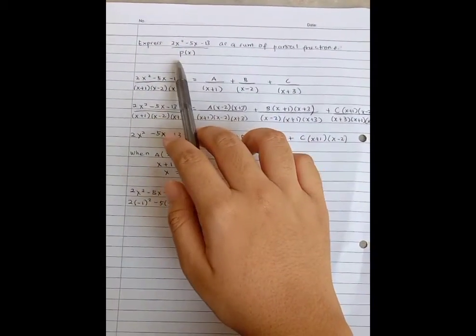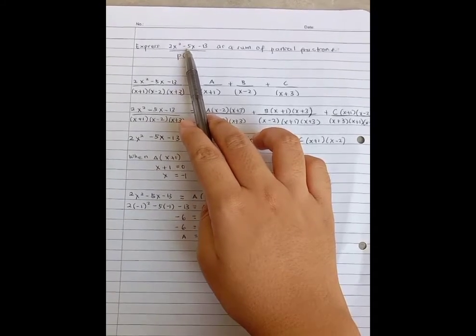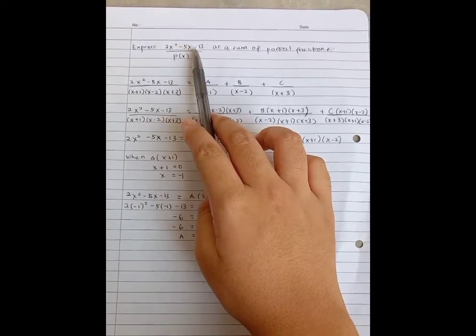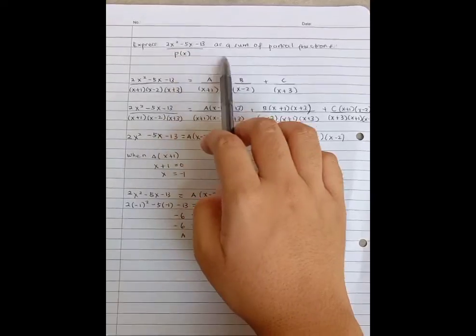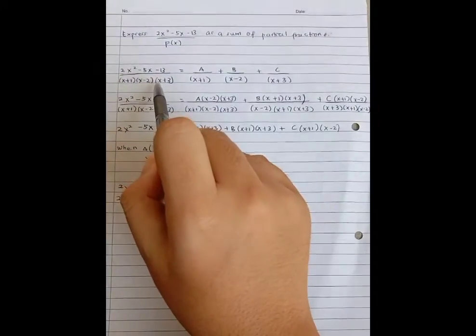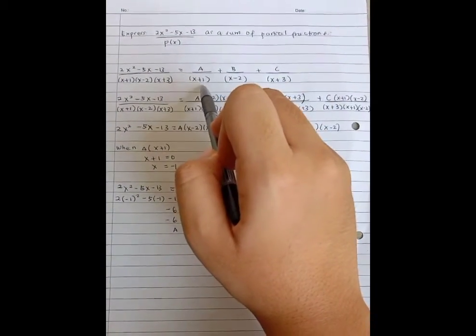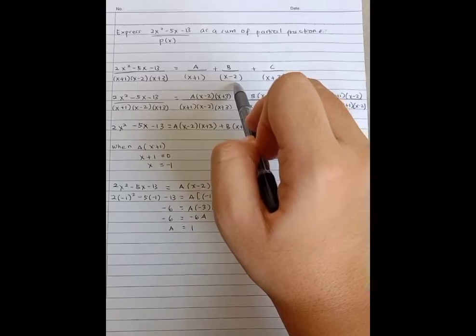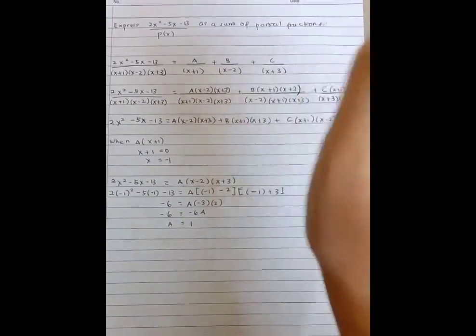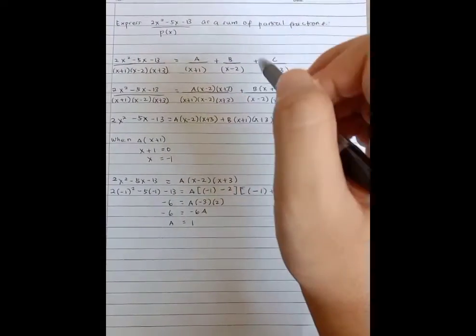The next question is to expand 2x squared minus 5x minus 13 over the product of the three factors as a sum of partial fractions. Since we have three linear factors, we have three fractions, which is A over x plus 1 plus B over x minus 2 plus C over x plus 3. Then we have to equalize the denominator.